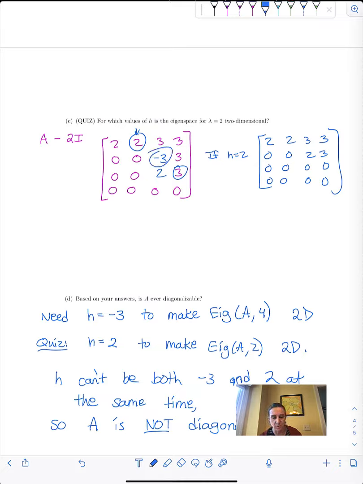And so we'd have only 1 free variable. And so we'd have eigenspace 1-dimensional for lambda equals 2. And even if it was 2-dimensional for lambda equals 4, then we'd have 3 linearly independent eigenvectors, and what we want is 4.